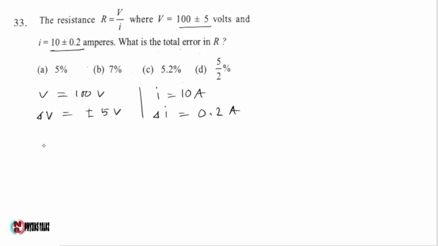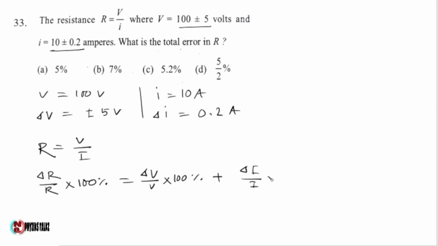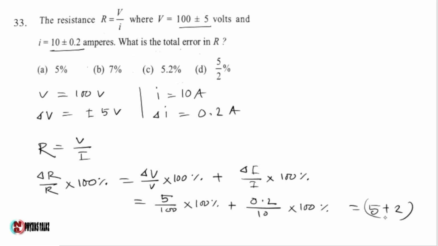The resistance R is V by I and percentage error in measurement of R is delta R by R into 100%, which gives delta V by V into 100% plus delta I by I into 100%, which gives 5 by 100 into 100% plus 0.2 by 10 into 100%, which gives 5 plus 2%.